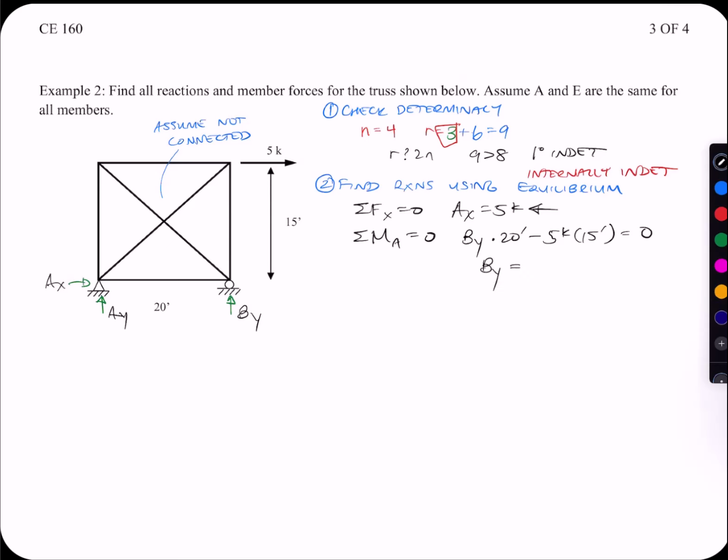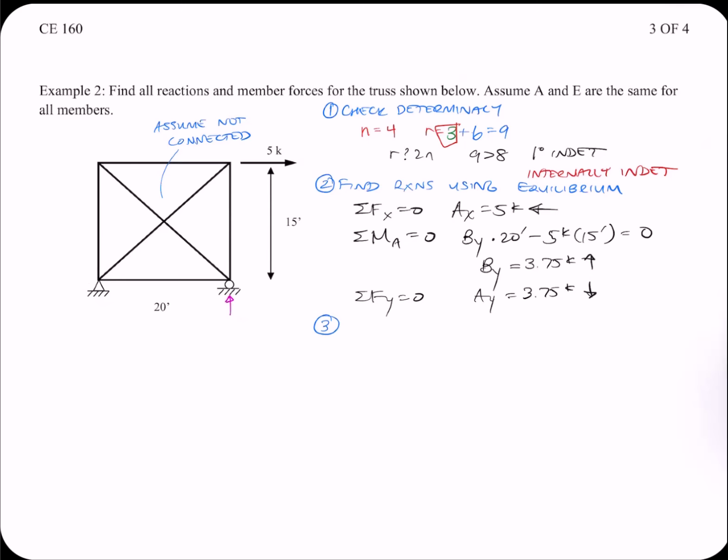BY is 3.75 kips upward. Sum my forces in Y: AY has to be 3.75 kips downward. So I have found my reactions. Place those. So I have them, 3.75 kips, 5 kips. Okay. So now I've found all my reactions.